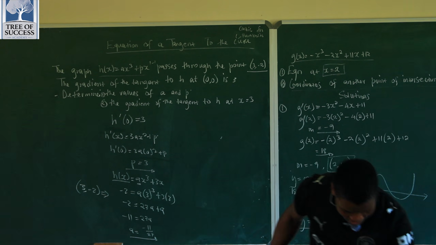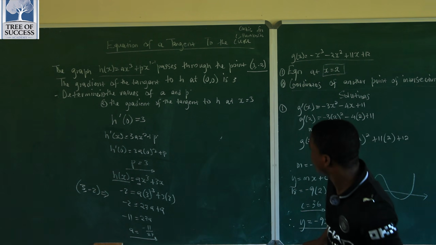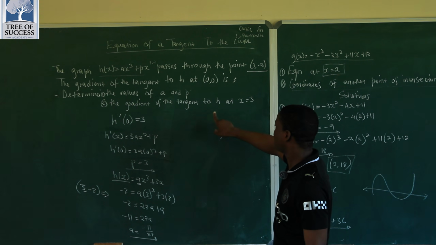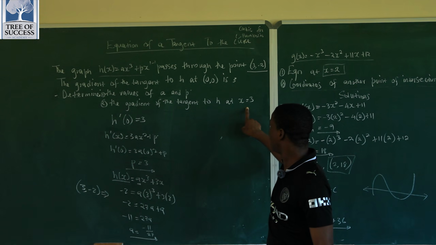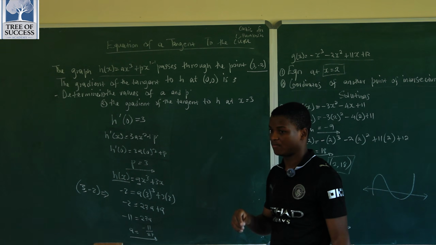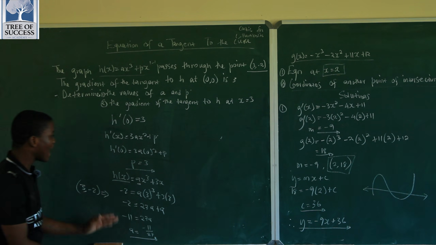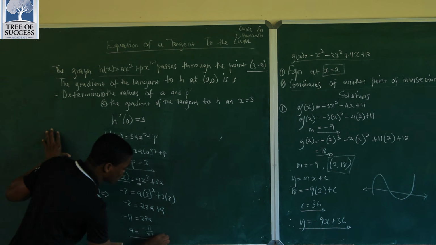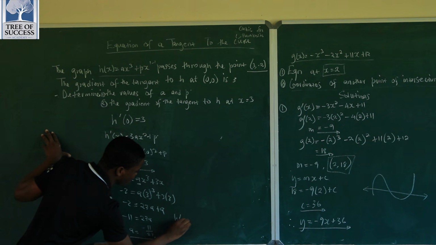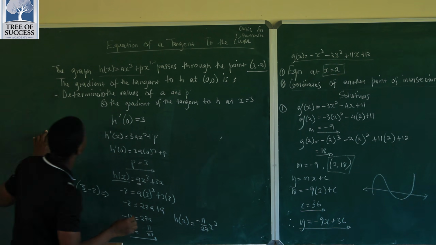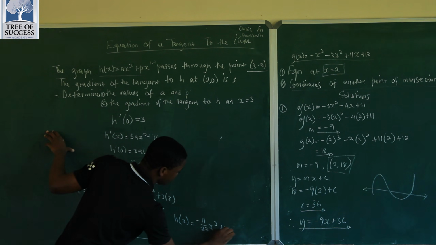So the next question here, what did it say? It said find the gradient of the tangent to h at x equals 3, right? So now you have your equation, because you now have the values of a and p. Your equation you can now say exactly: this is h of x equals -11 over 27 x cubed plus 3x.